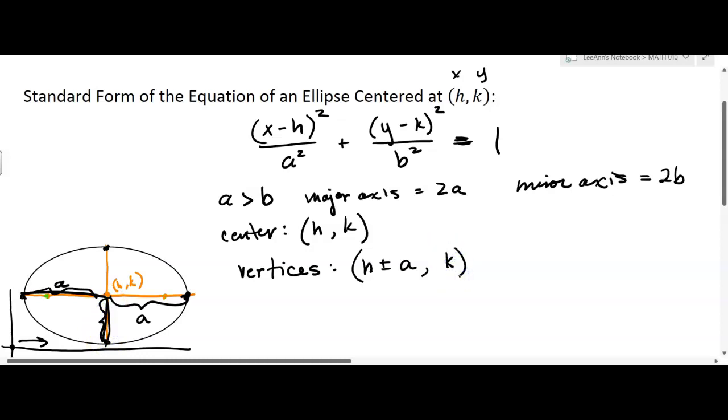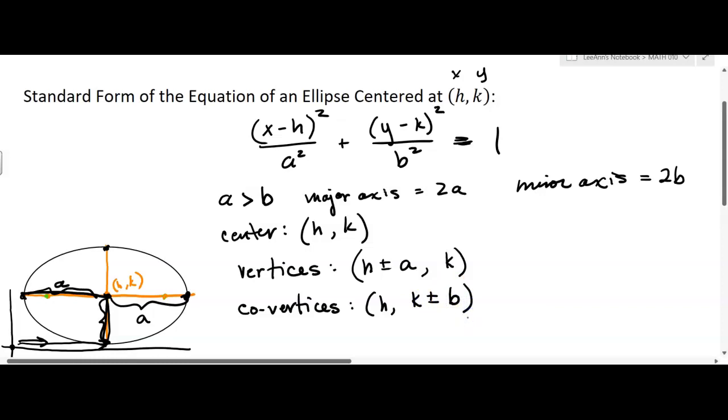All right, the co-vertices are going to be at h, and then k plus or minus b.